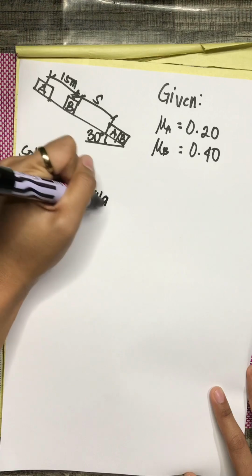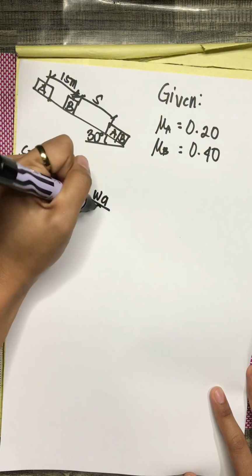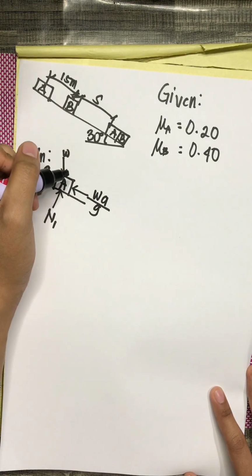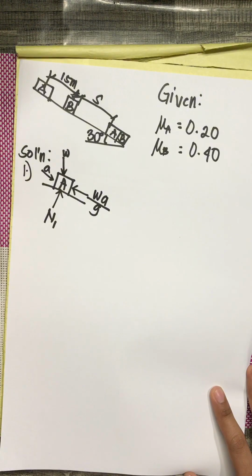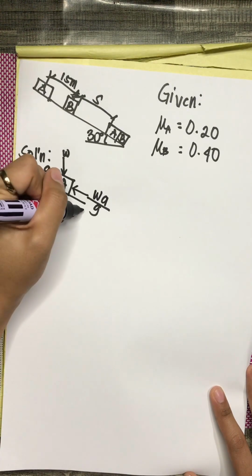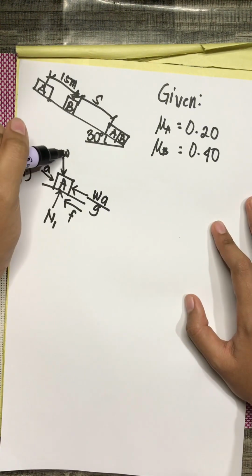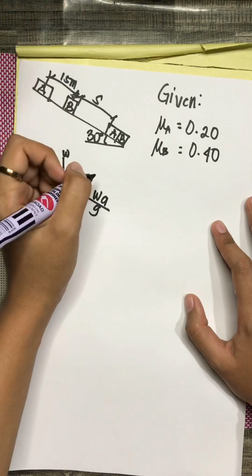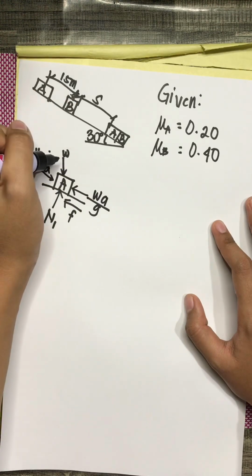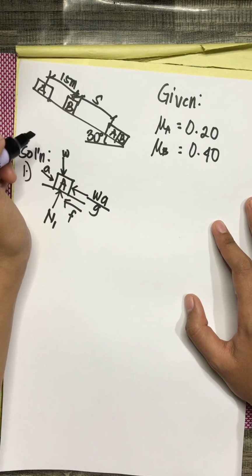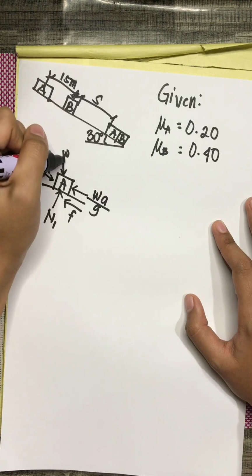W over G times a for A. So the friction is along the way of friction. So the weight is inclined. We need the components of X and Y forces.